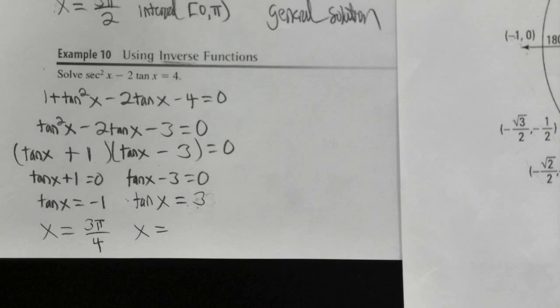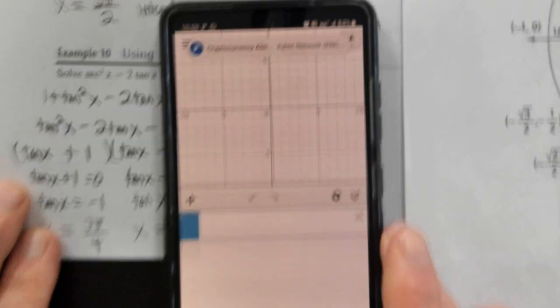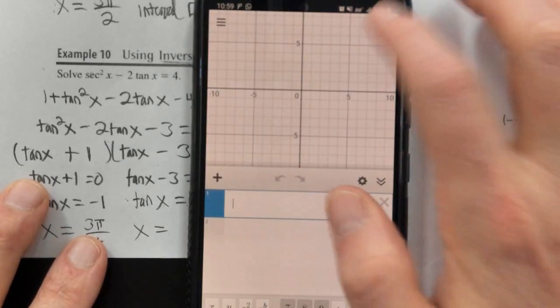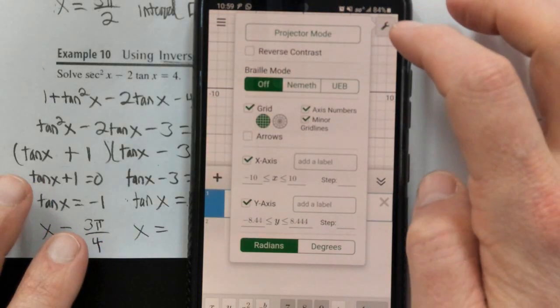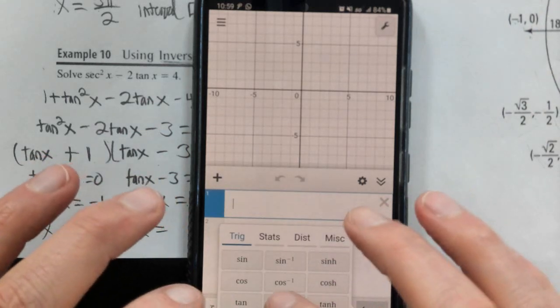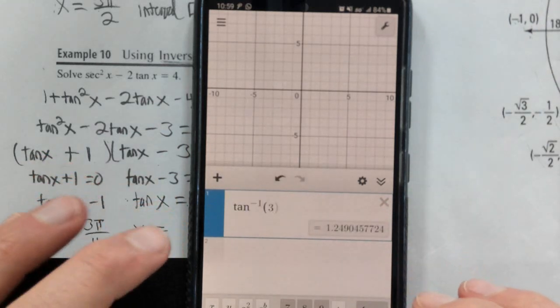And so if I go ahead and take out my calculator here, we can go to Desmos and we can figure this out pretty quickly. We need the inverse tangent of 3 is what we need. We're still in radians, so we'll go inverse tangent of 3.